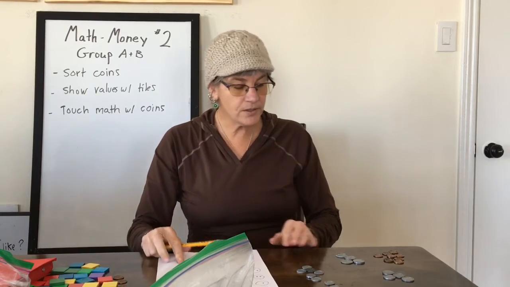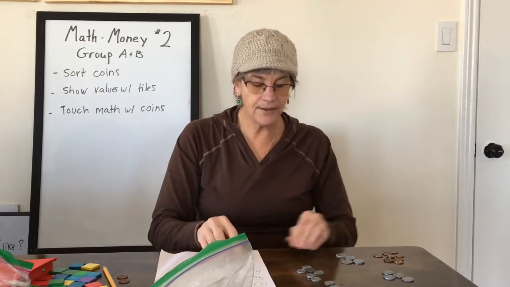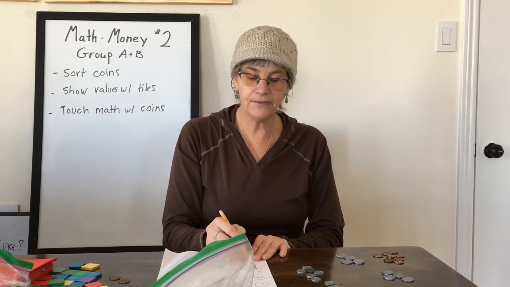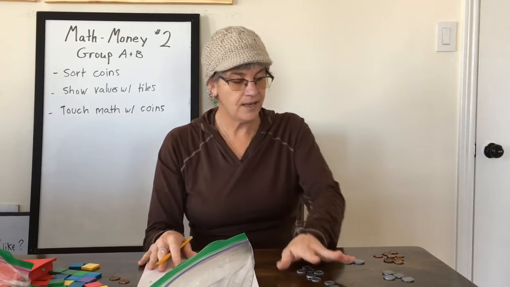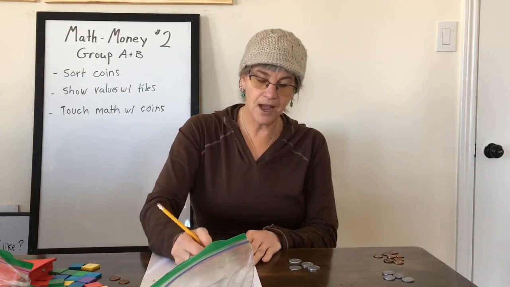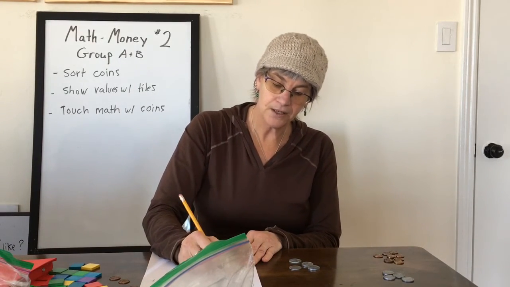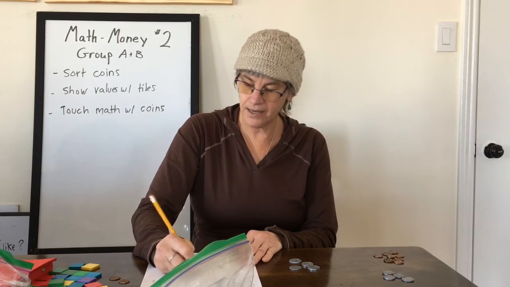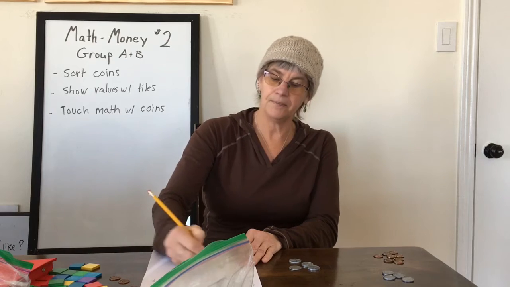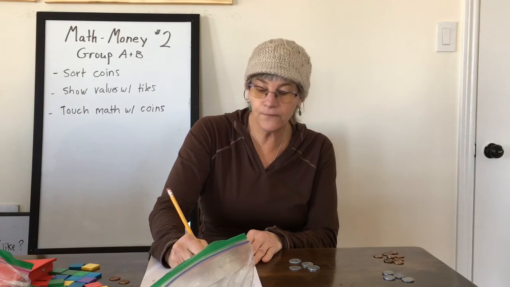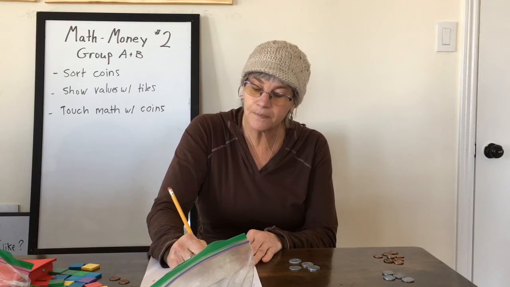And quarters are worth 25. Counting by 5s, remember? 5, 10, 15, 20, 25. How many quarters do I have? I have 4. So I'm going to make my quarters. Each quarter has 5 dots, which are worth 5 cents each.